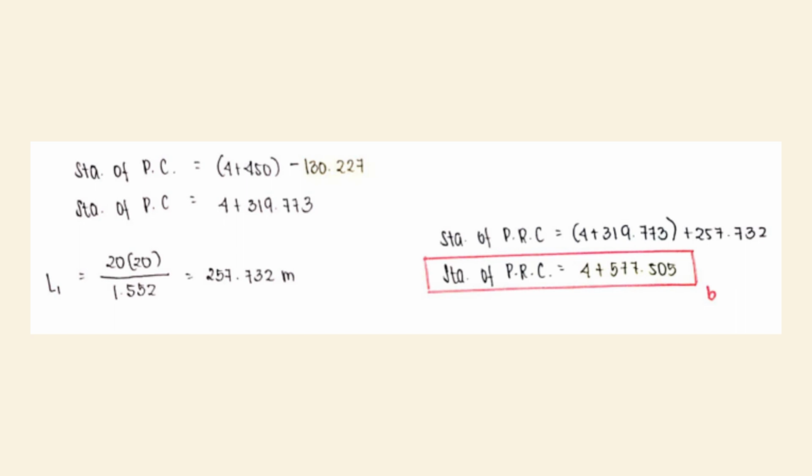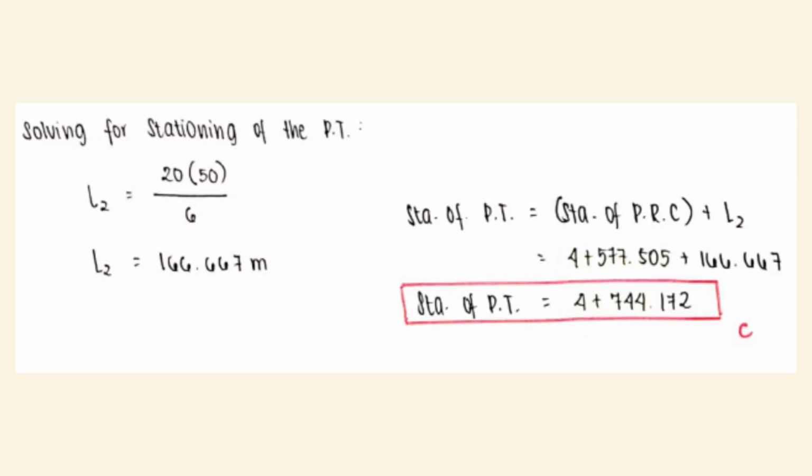So stationing of PRC is equal to the stationing of PC plus L sub 1. It is equal to 4+319.773 plus 257.732. Thus, the stationing of PRC is equal to 4+577.505.